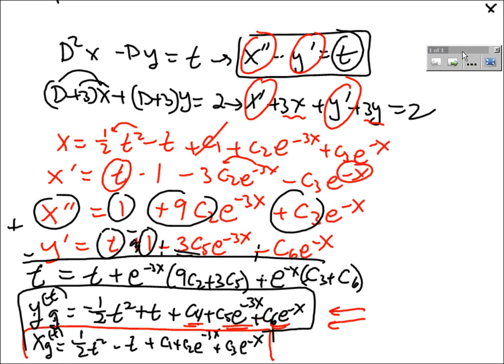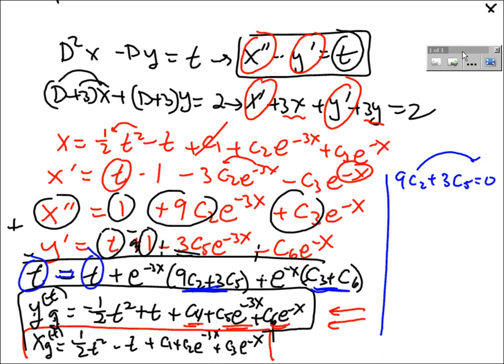And the only way the left side and the right side are equal is they both have t. Everything else has to be 0 on the right side. This must be 0, and this must be 0. 9c2 plus 3c5 must be 0.